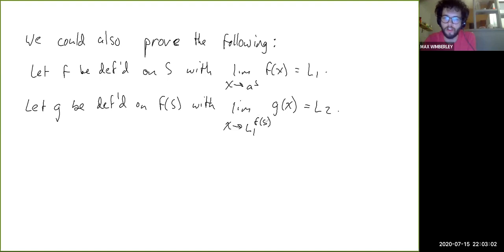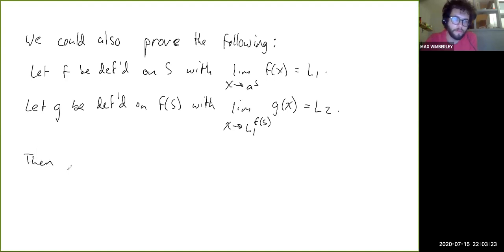So it's automatic that there's at least one sequence like that, because there's at least one sequence in S approaching a. So this symbol makes sense on those grounds, and then we're supposing that it exists, that it has a value equal to L2, right?